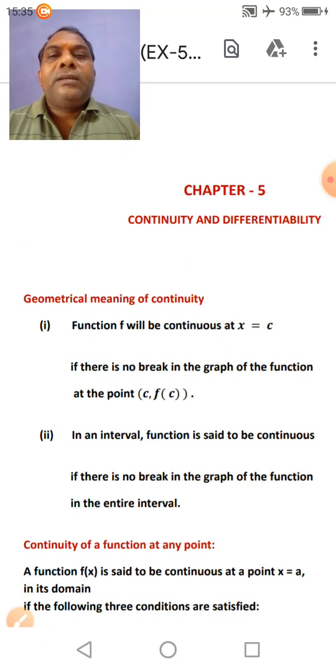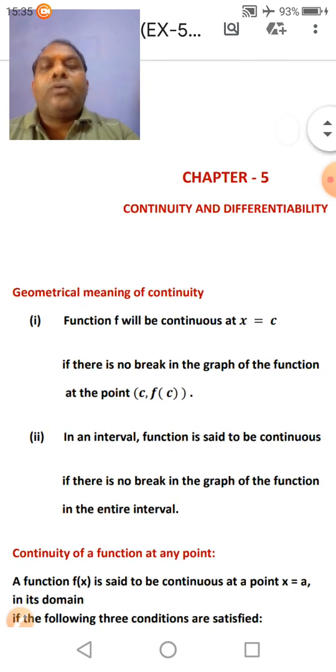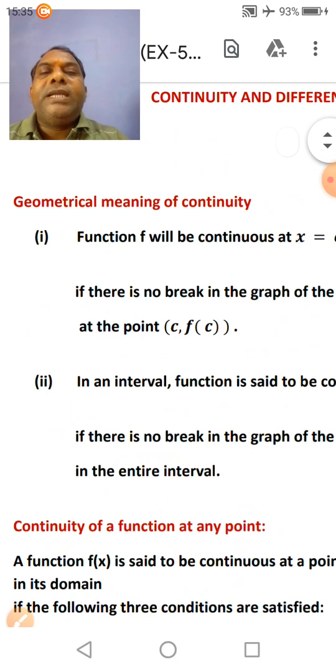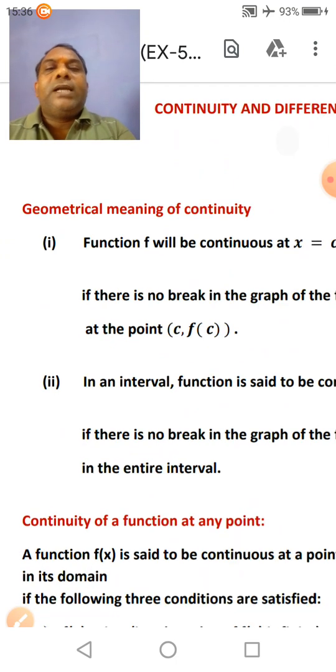a function is said to be continuous at x is equal to a if LHL is equal to RHL is equal to the functional value at that point. Clear? Now the geometrical meaning of continuity.